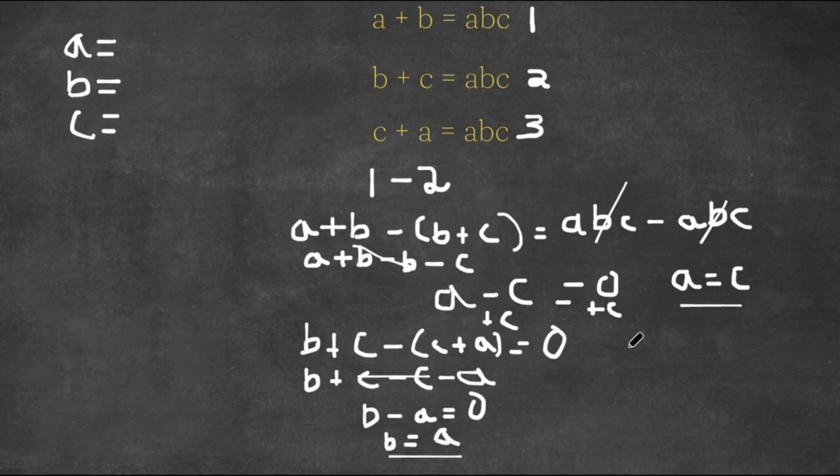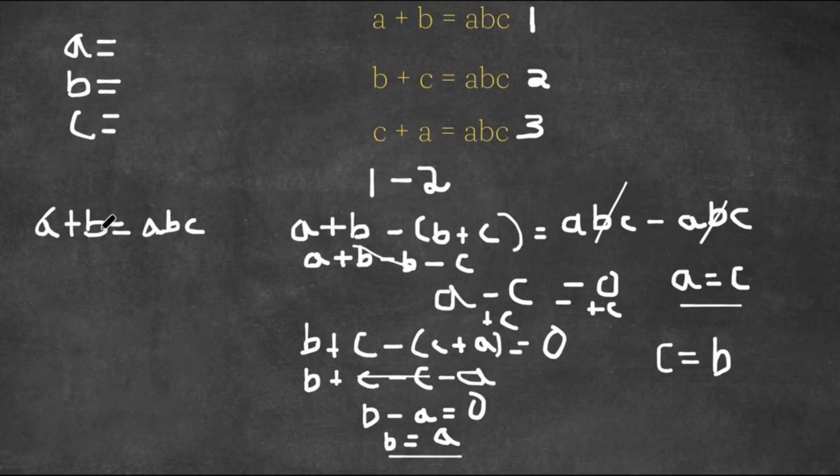So now, if b equals a and a equals c, then that means c also equals b, right? Using that same logic. So now we're going to take a look at our first equation here. We have a plus b equals abc.